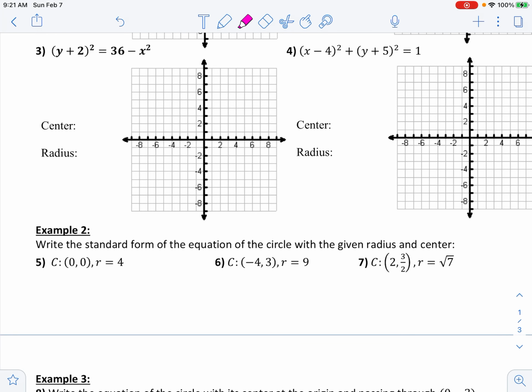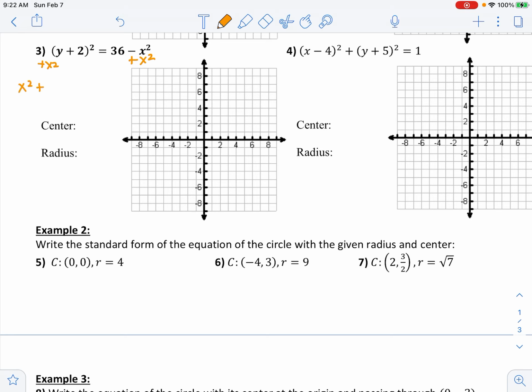All right, next one. Now, at first glance, you say, okay, it has a y squared, but x squared is on the other side of the equation and it's minus. Well, in order to compare them, they have to be on the same side when there's both of them. So the first thing we're going to do is add x squared to both sides.